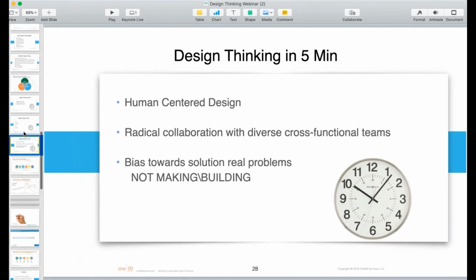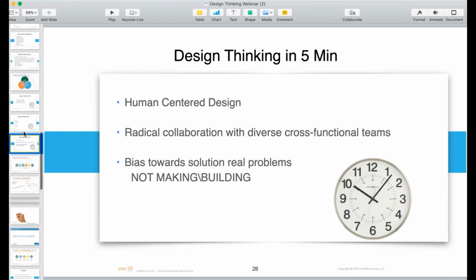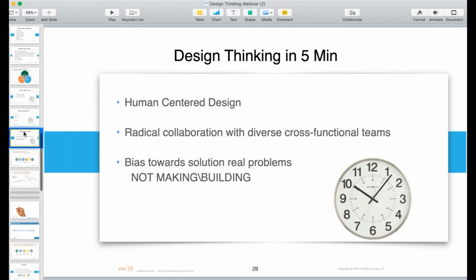And lastly, it is a human-centric approach. It has nothing to do with technology. It is very low fidelity. It's a way of creating radical collaboration across multiple cross-functional groups.